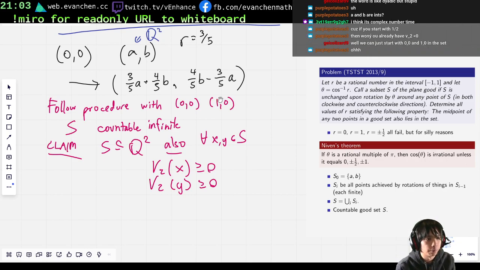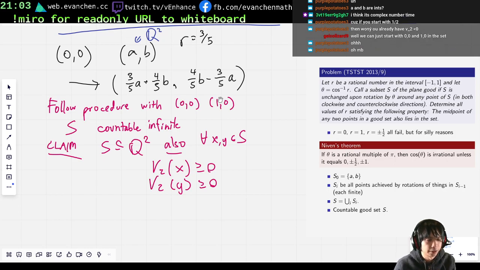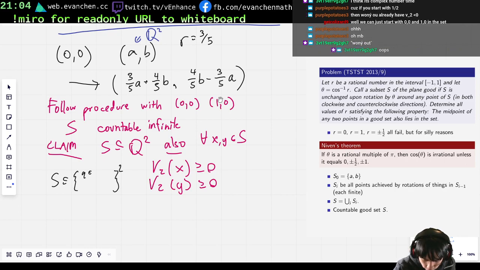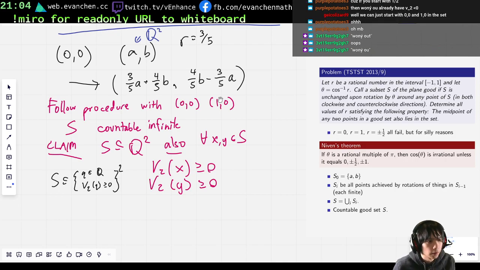Every time I'm doing a multiplication by this r, whatever this parameter r is, some manipulation happens, but the whole time, all the numbers are contained inside Q squared. And in fact, not only are they contained inside Q squared, I'll say S is contained inside the subset of Q squared for which v2 is non-negative.